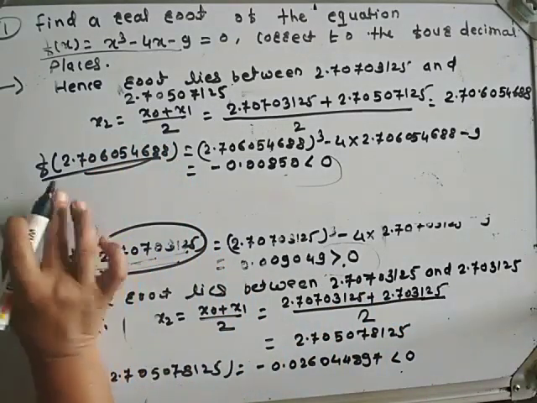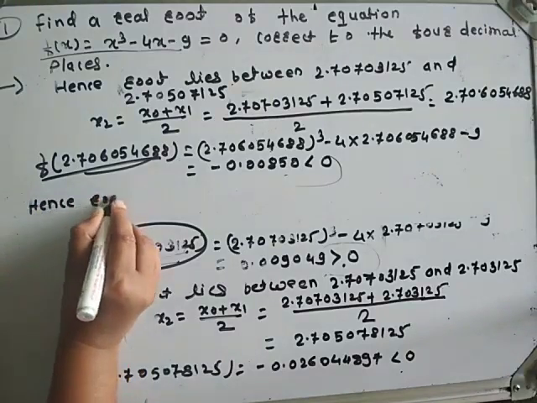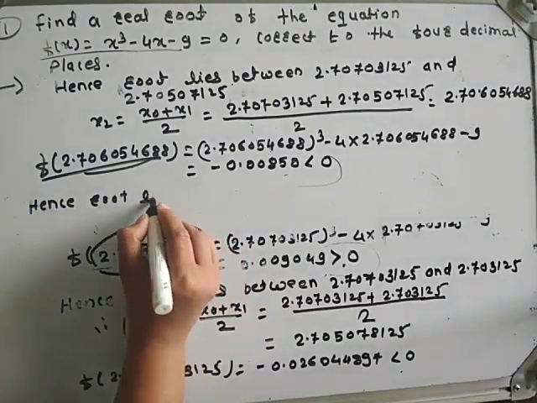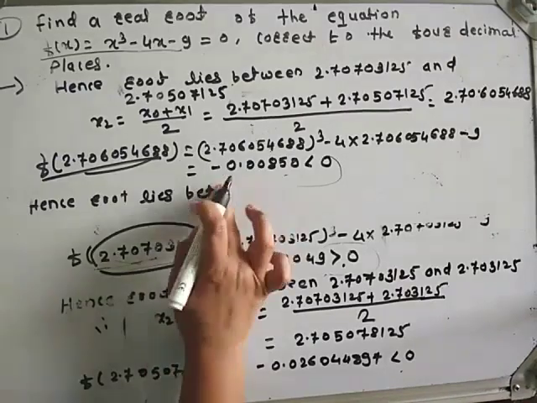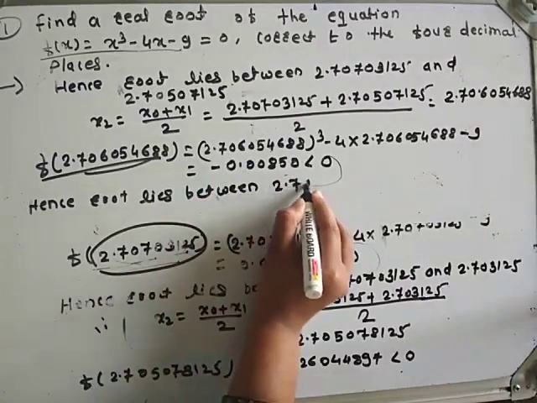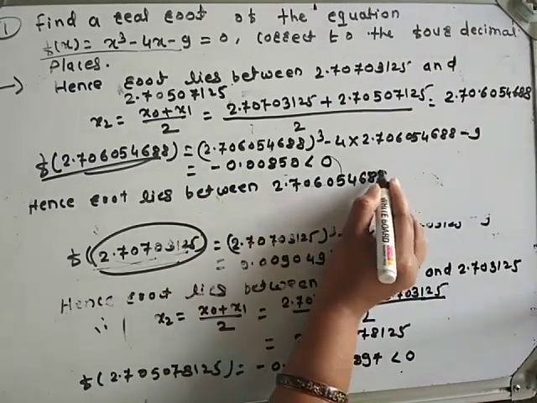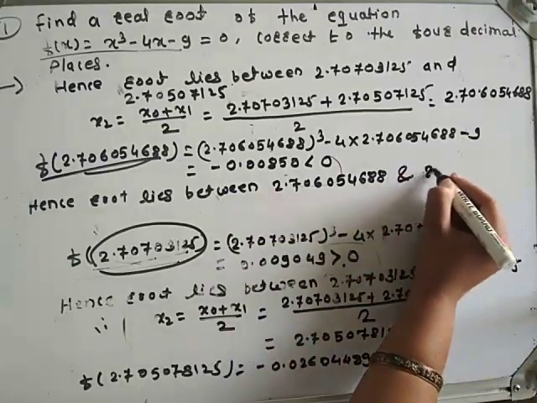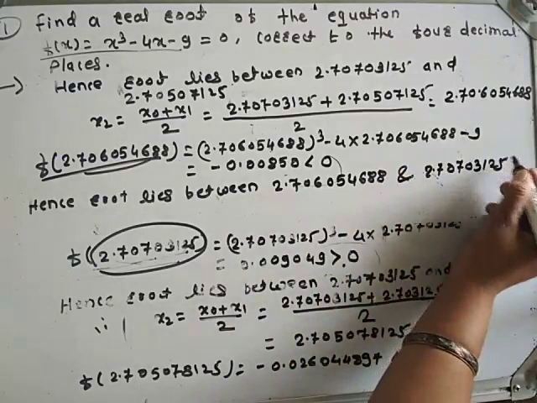Hence, the root lies between 2.706054688 and 2.70703125.